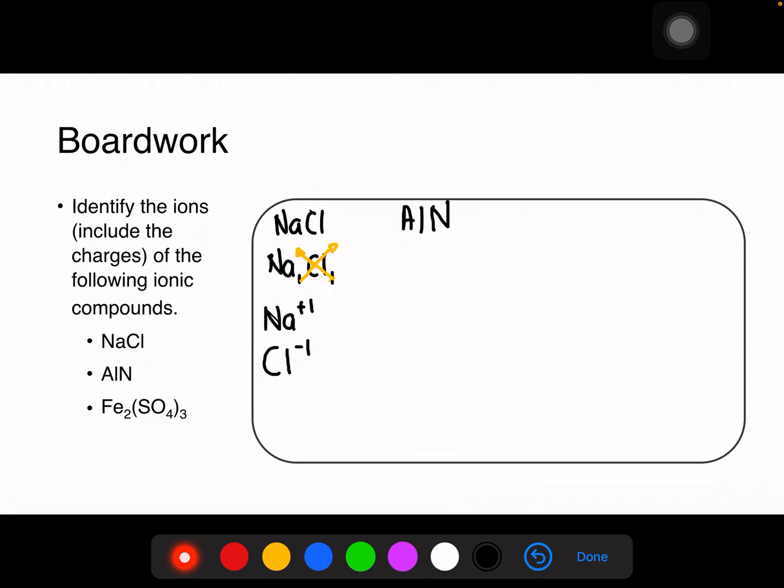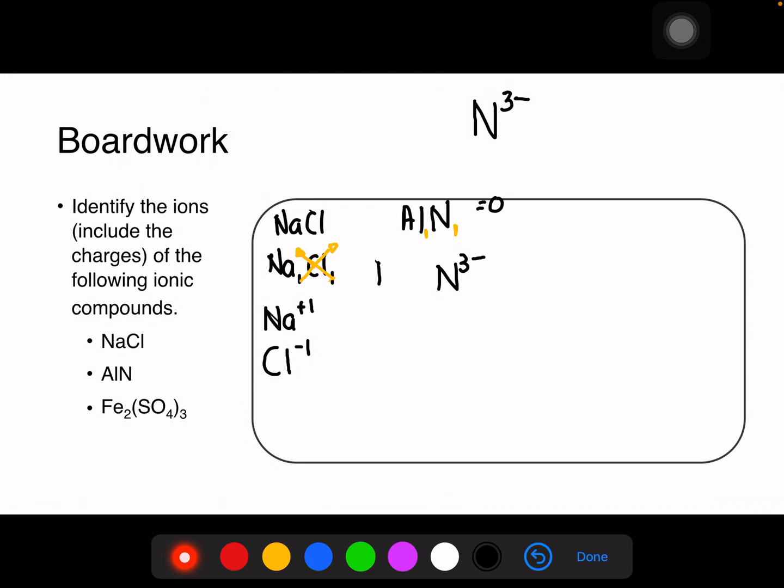AlN. Okay, so as we recall, nitrogen always carries a negative 3 charge in ionic compounds, so that is fixed. So N 3 minus. There is a 1:1 ratio, meaning there is 1 aluminum and 1 nitrogen, and the sum of their charges is equal to 0.